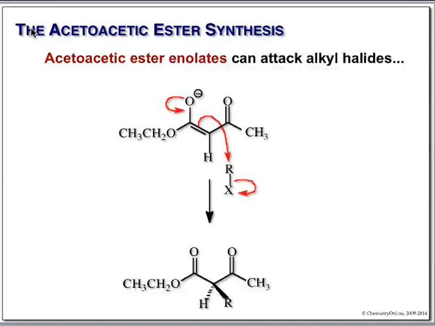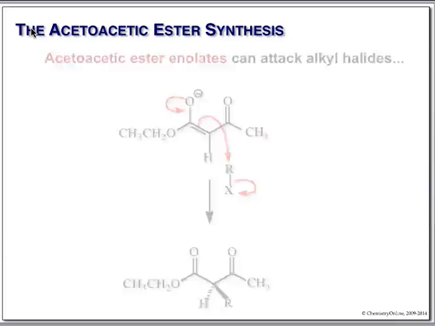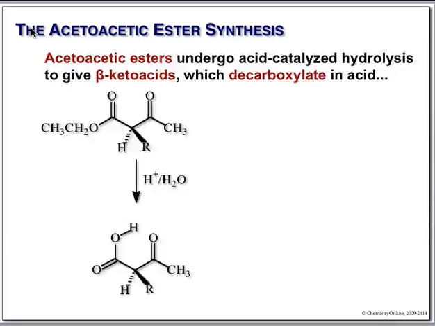Now comes the magic. What's going to happen when we take this stuff and dump it into acid? Again, we're going to hydrolyze the ester, and we're going to decarboxylate. Step 1, we hydrolyze off the ester. Now this is just like we just did with malonic acid, right?